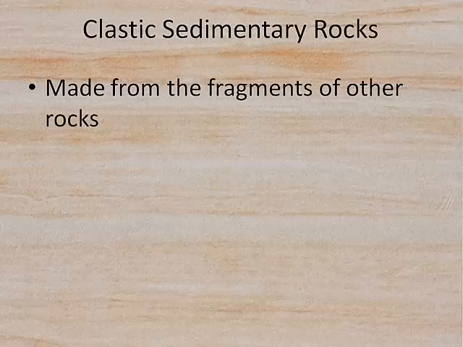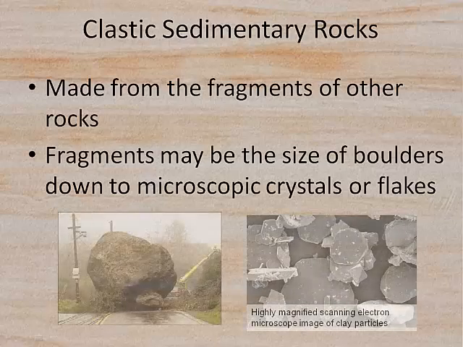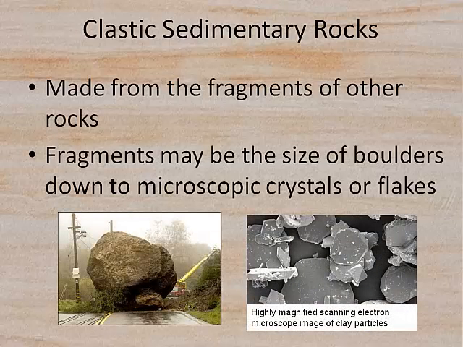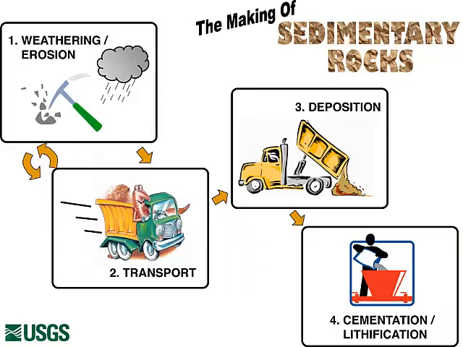Clastic sedimentary rocks are made up of fragments of other rocks, rock particles. Those particles might be the size of boulders all the way down to microscopic flakes. These little microscopic flakes down here are clay particles that make up sedimentary rocks, and you don't see too many sedimentary rocks made out of boulders this size, but sedimentary rocks can be made out of particles of rock of any size.